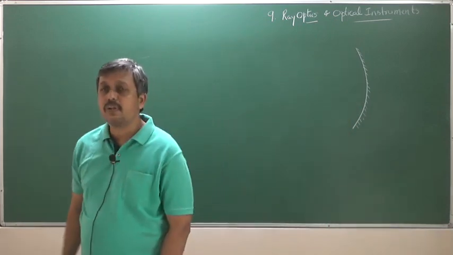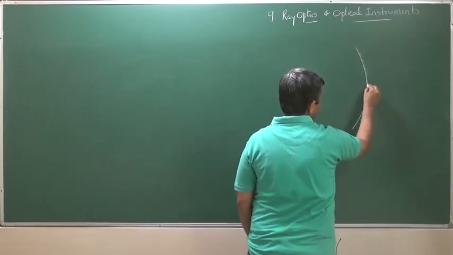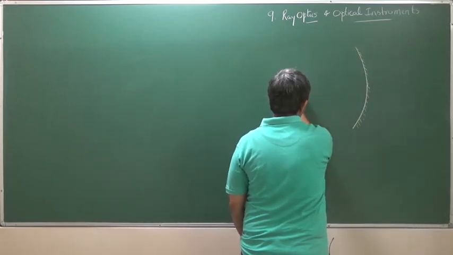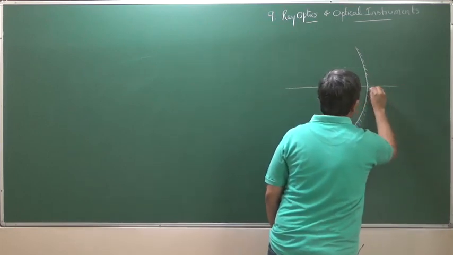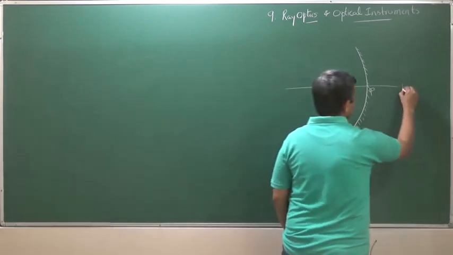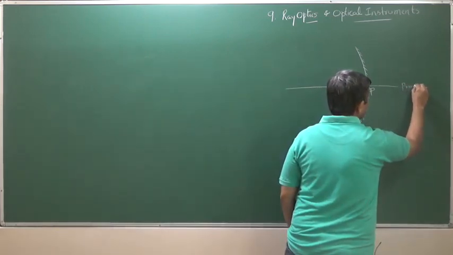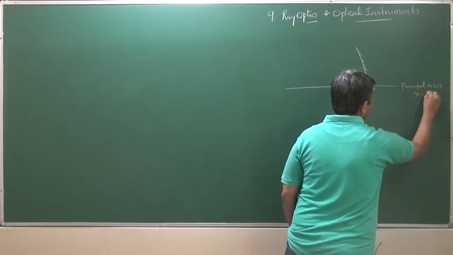We have also learned that the middle of this point, we are going to call pole, or P, and we also know that this is the principal axis, or we can say x axis.